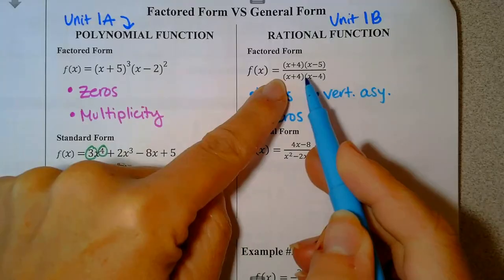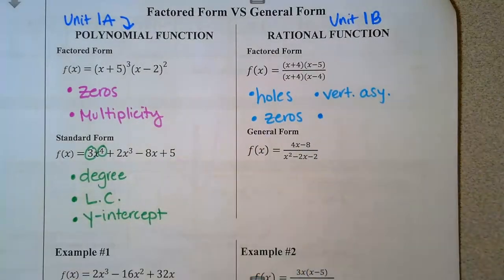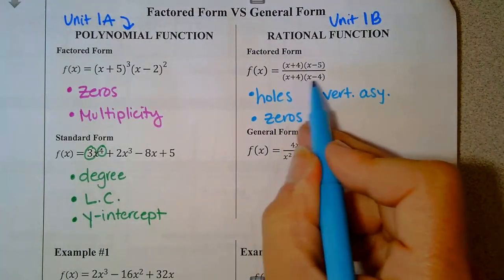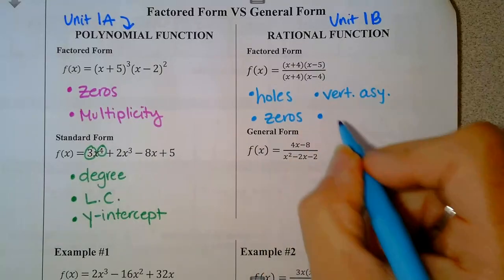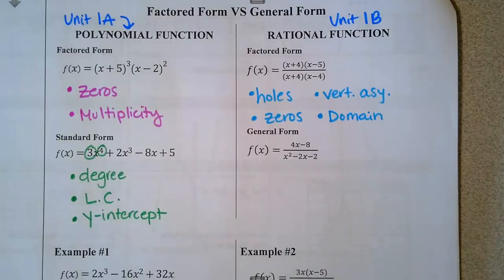So you can get it from here, you just have to do some work. What's the 4th one, down here? The denominator. Domain. Fantastic. So the vertical asymptotes for those would be -4 and 4.